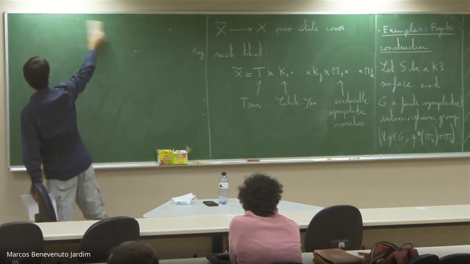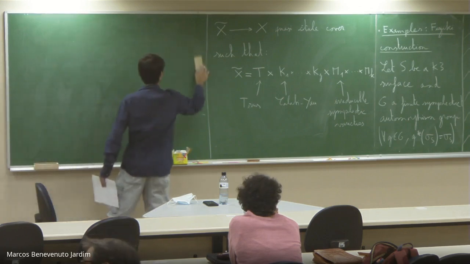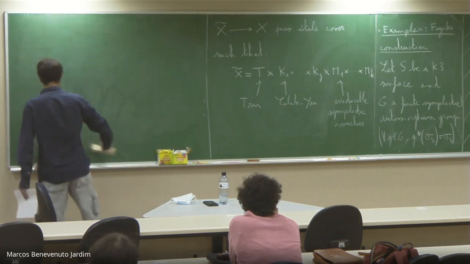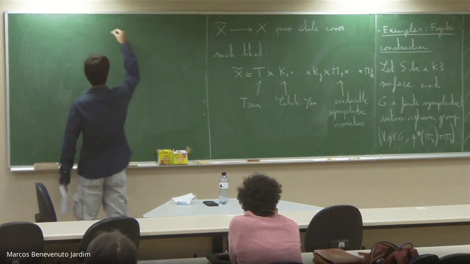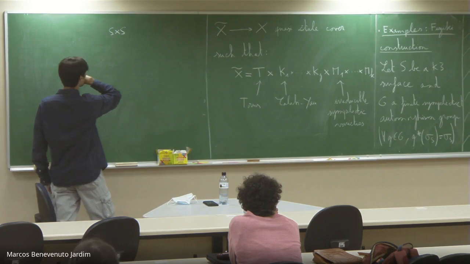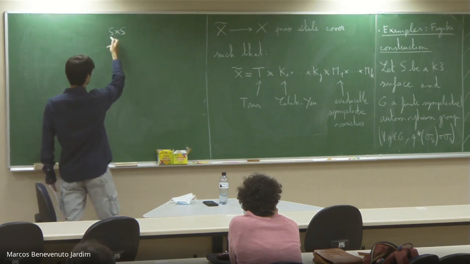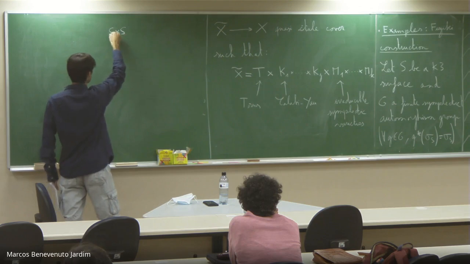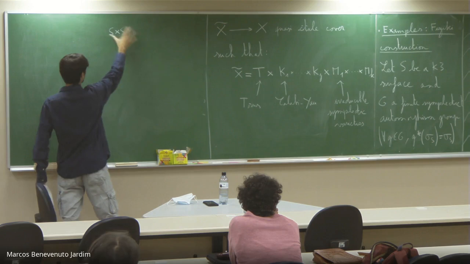Then what I can do is take S cross S. This will be symplectic, but I will have two symplectic forms, so it will not be primitive symplectic. It will be symplectic, but we'll have several holomorphic forms, and some of them will be degenerate.